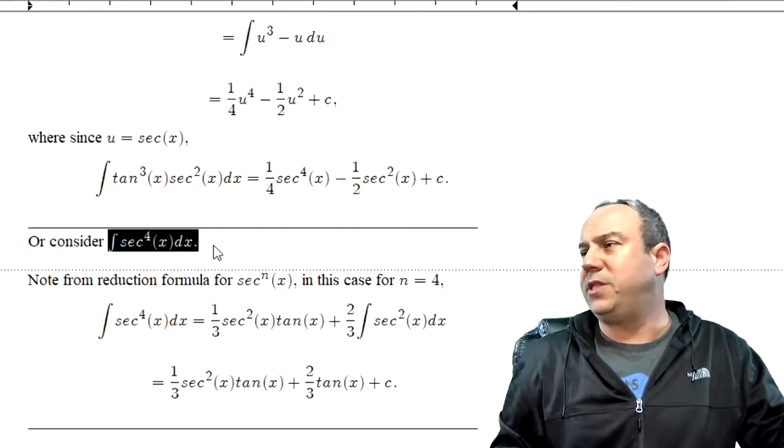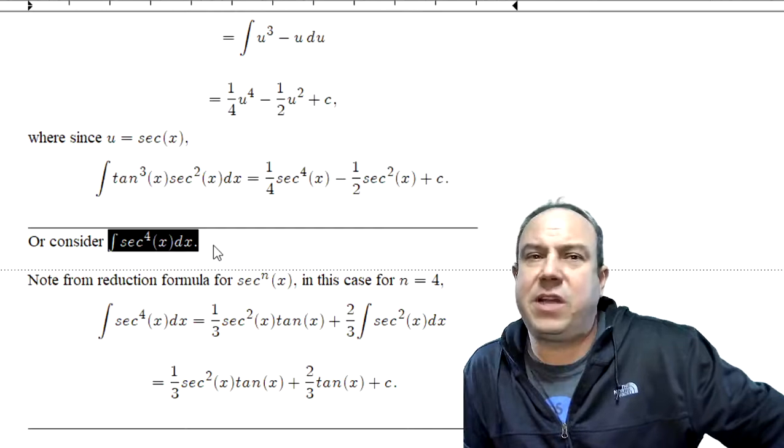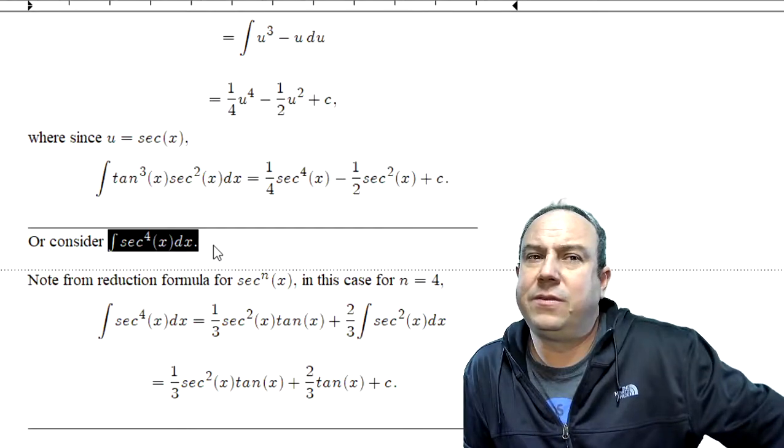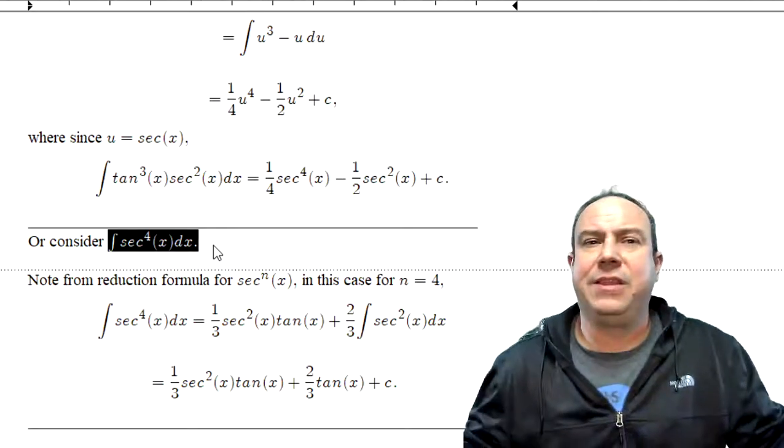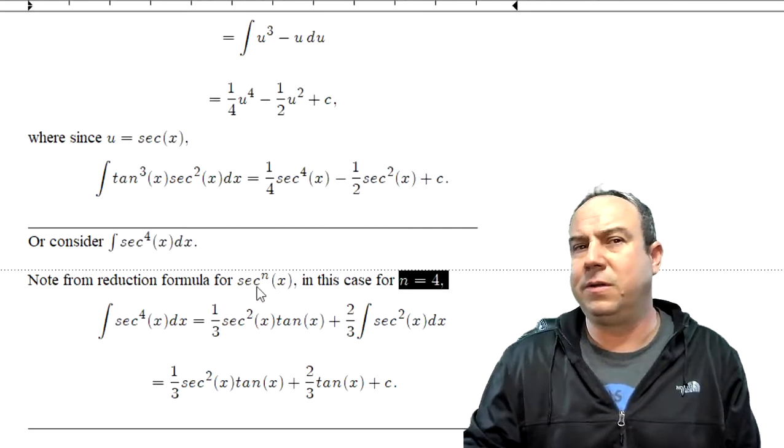So here's secant to the 4th power of x dx. Here I can use a little reduction formula. This is the reduction formula for the case of n equal to 4.